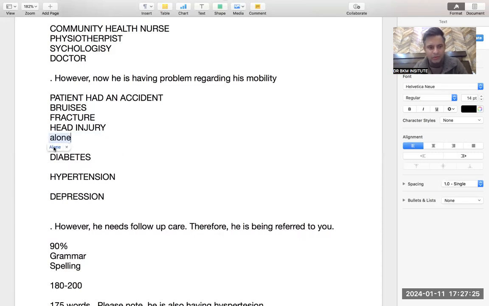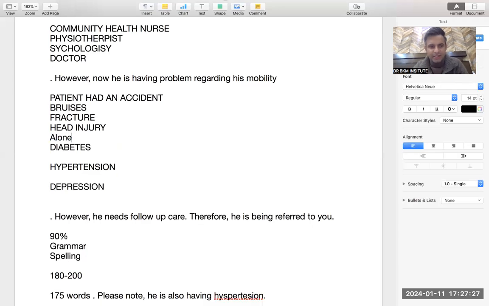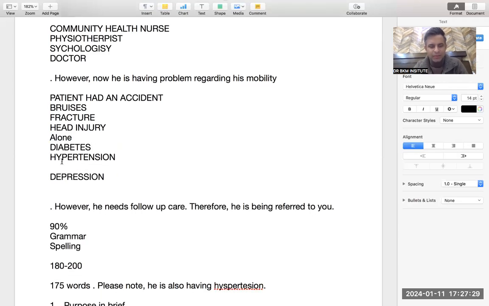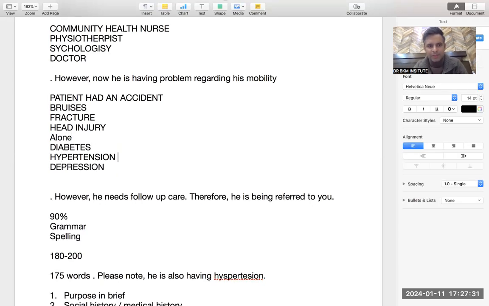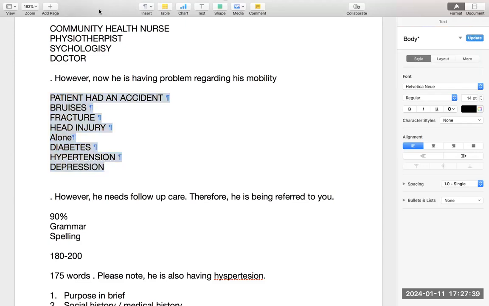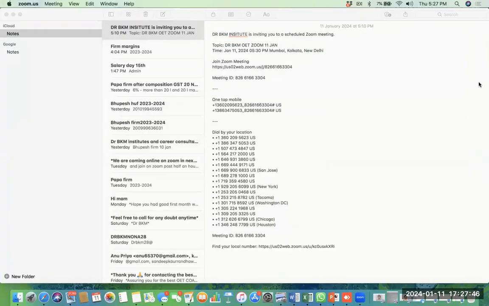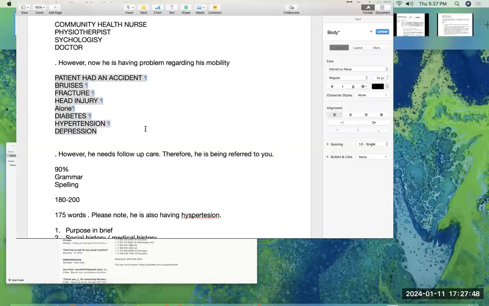So he is alone, having diabetes, hypertension, depression. If I am writing to a physiotherapist, again, this old data is almost waste. So according to OET, the most important thing is to whom you are writing the letter. That is the most important thing. I hope you all have understood.